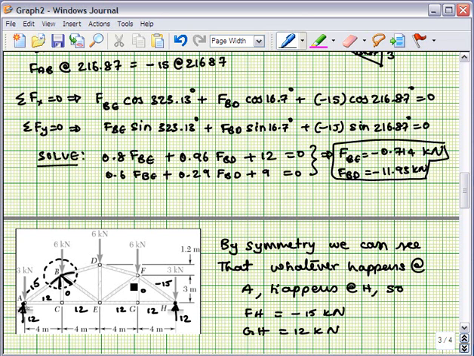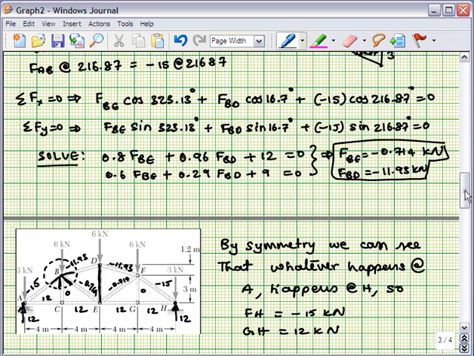If now I also have this bar force FBD is minus 11.93, so this one will be minus 11.93. Then this one is minus 0.714, that one is minus 0.714. So the only thing that's left is this bar.